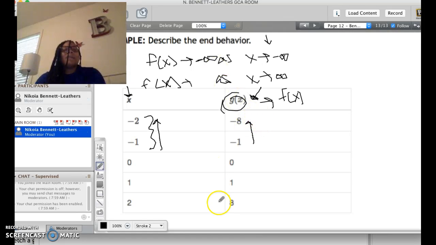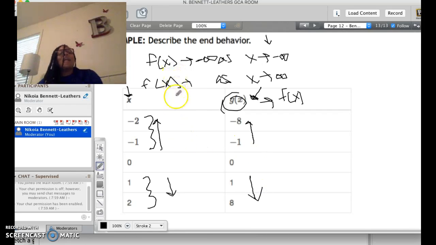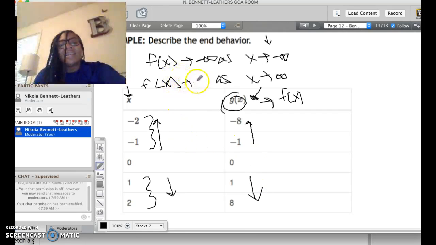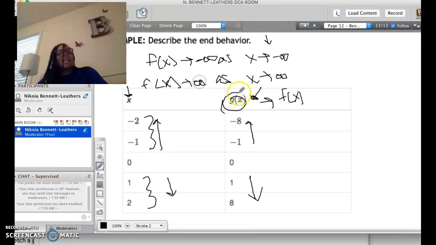Over here, when I'm looking at the positive side of the x-axis or when x is positive, and I think about, okay, what is f of x doing? Well, on the positive side of the x-axis, as I go further and further down the positive, f of x gets bigger and bigger, right? So I know f of x on the positive side is going to infinity. And from this, I can tell something.